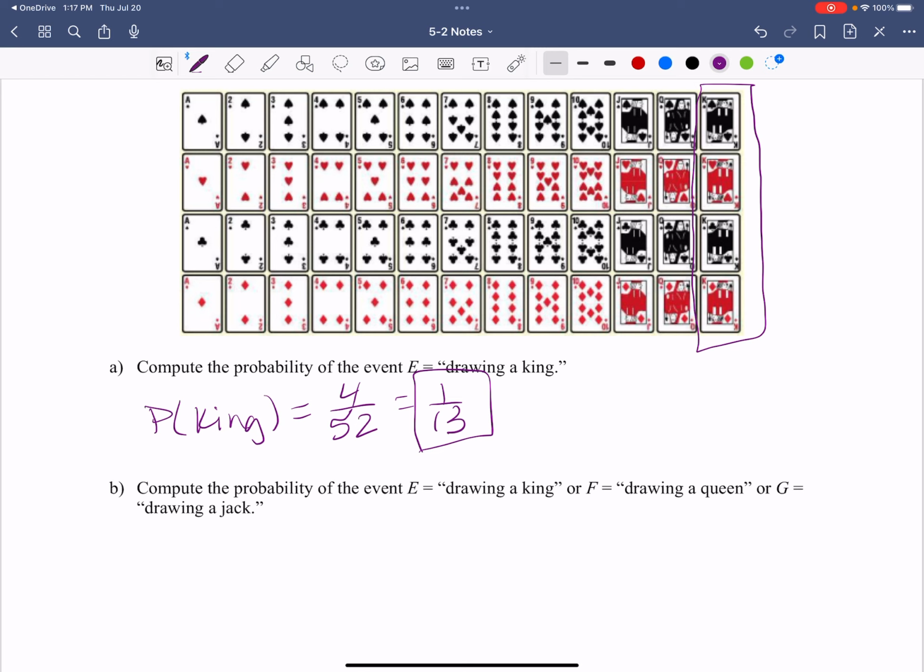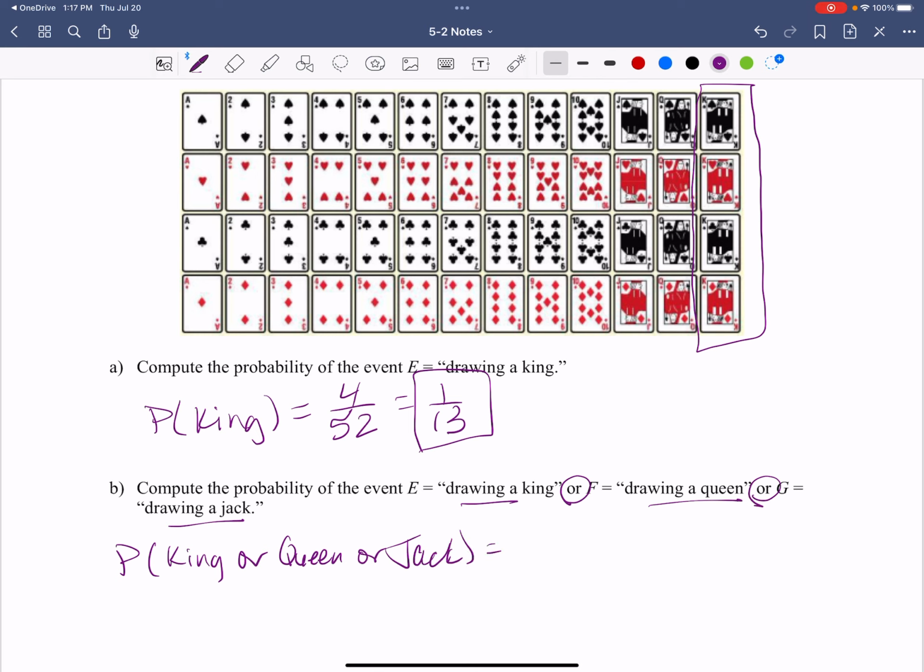Okay. Compute the probability of the event drawing a king or queen or jack.